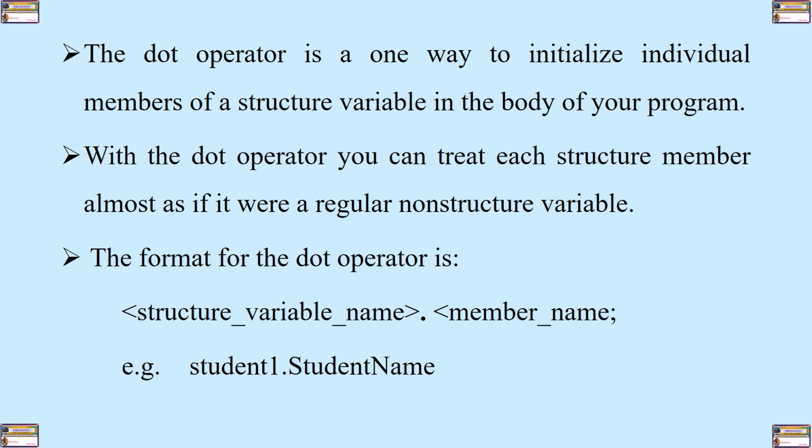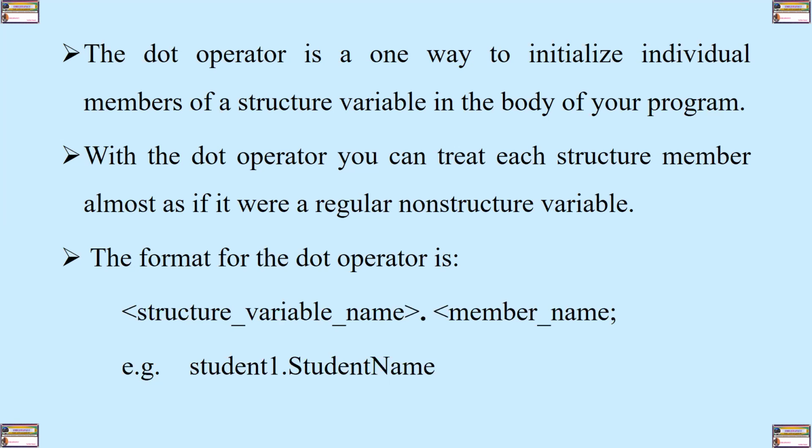For example, our structure variable name, as we have seen, is student1, and the member we want to access is student name. For us to access that member, we pass through the structure variable, which in this case is student1. So we write it as student1 dot student name.